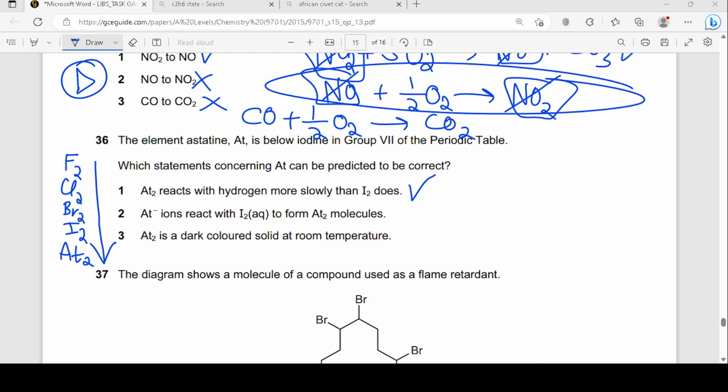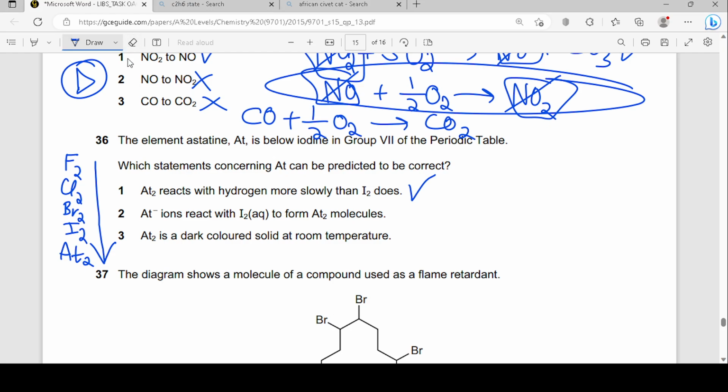And then, At minus ions react with I2 aqueous to form At2 molecules. Let me think about that. So At minus ions react with I2 to form At2 molecules. This is probably to do with the strength as oxidizing agents, reducing agents, right?